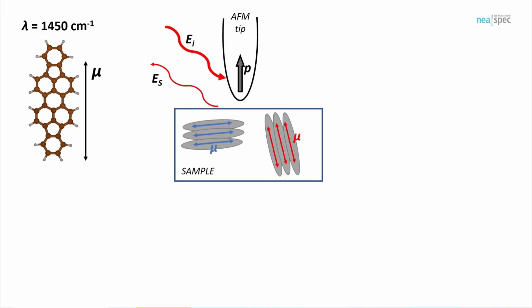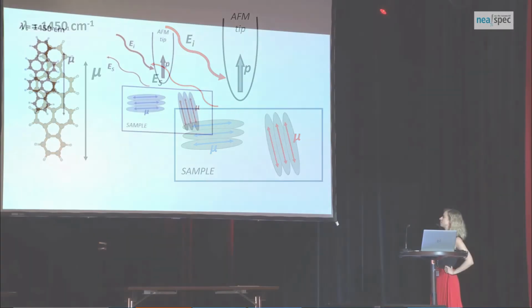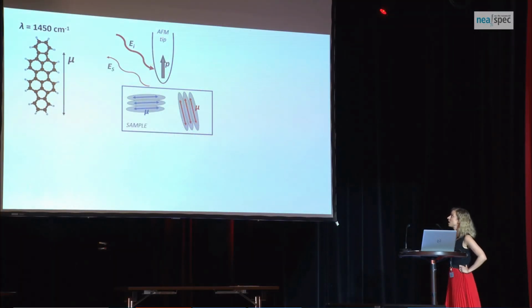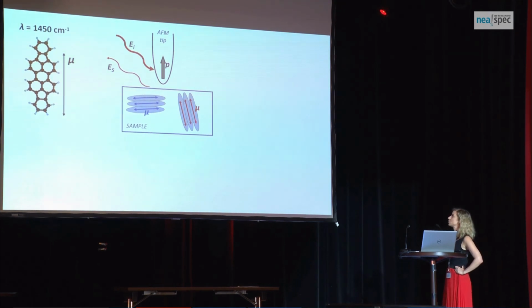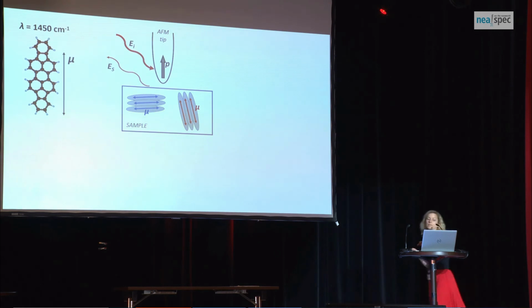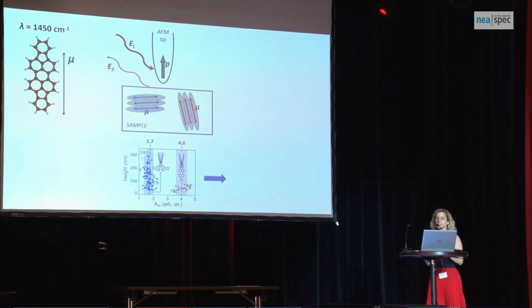And when we have an incoming light, it also induces a dipole moment in the AFM tip, which is also aligned along the AFM tip direction. So now these two dipoles interact with each other. In case you have the lying down molecules, like here, the interaction is smaller, so the amplitude of the scattering light is smaller when you compare it to the case when these two dipoles are aligned. So that's why we're getting these two different signals.